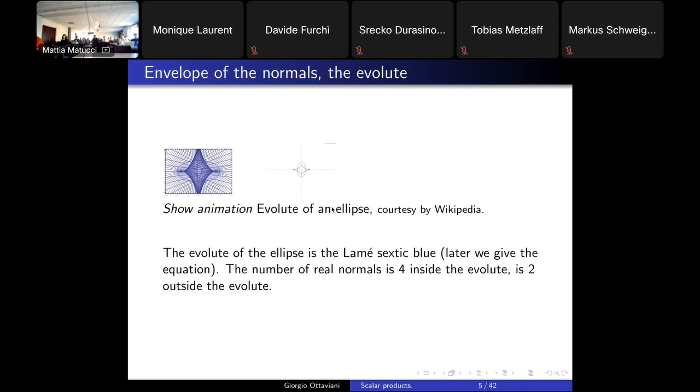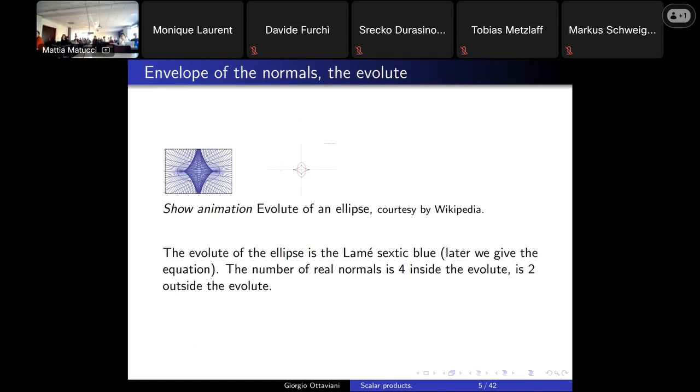So, okay, if you want, you can go to the Evolute page in English Wikipedia, and there is this animation, and all these are normals, and there is an envelope, which is a sextic curve. I will show you the equation later. Sometimes it's called an astroid, sometimes it's called Lamé sextic. Here in Nice, I prefer to call it Lamé, of course.